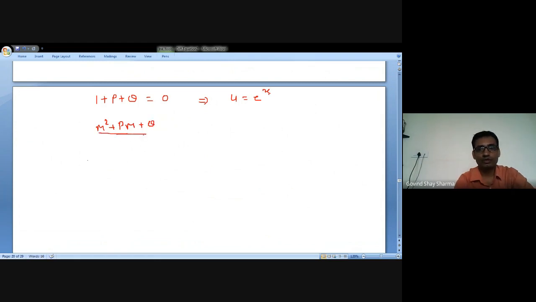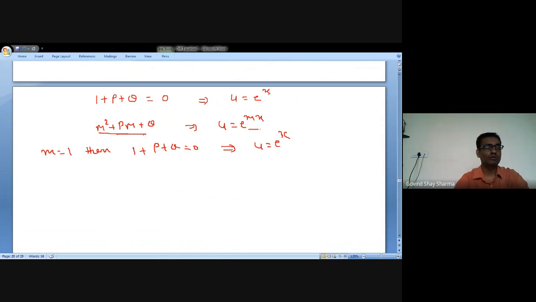If we put m is equal to 1, then 1 plus p plus q is 0, so what will our solution be? y is equal to e to the power x.